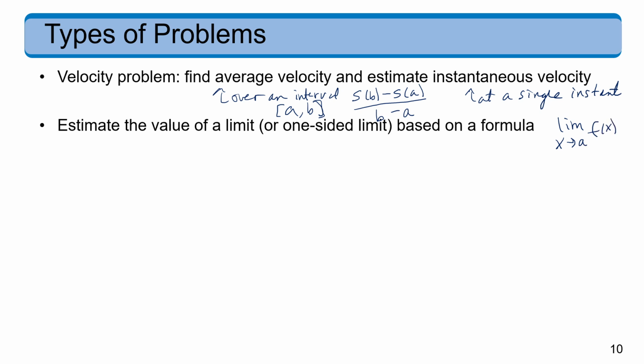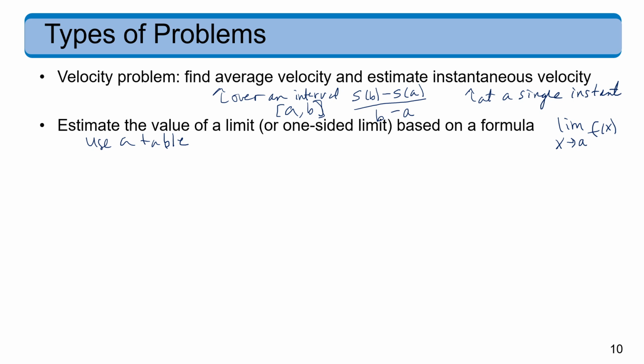And to estimate it, you would use a table again. You would have an x, we're not using intervals this time like we were in the velocity problem. You would just create an x column and an f of x column, just like plotting points. And then for your x values, you would choose numbers that get progressively closer to a, whatever number that happens to be. So if a were 1, you might choose x to be 0, and then 0.5, 0.9, 0.99, and so on.